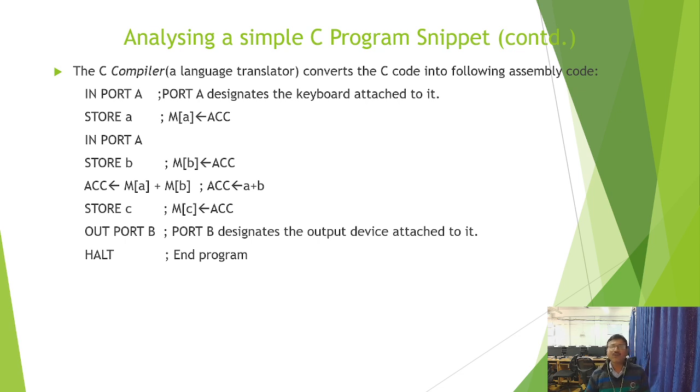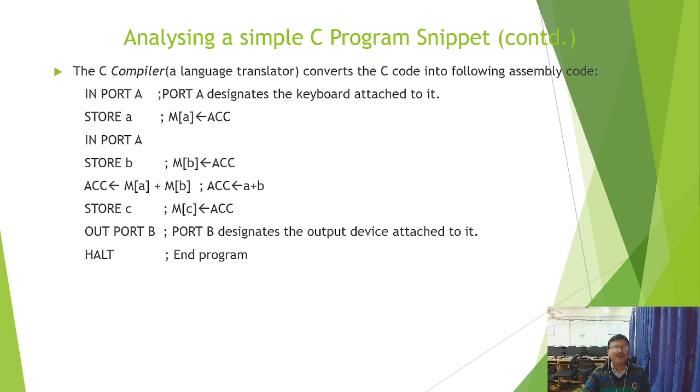Now, if we look at this C program, the first thing coming is input A. That means we are getting an input through the keyboard, and port A is designated for the keyboard. Basically, through the keyboard, the instruction will instruct the CPU that we are getting an input through the user interface.